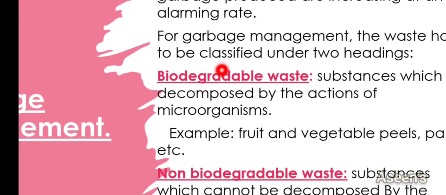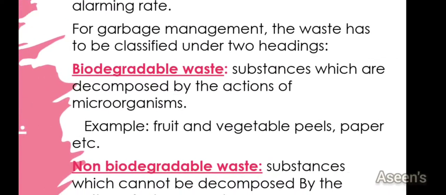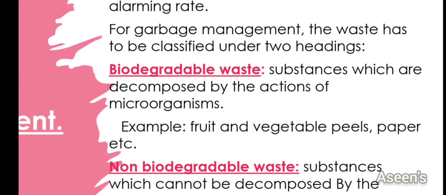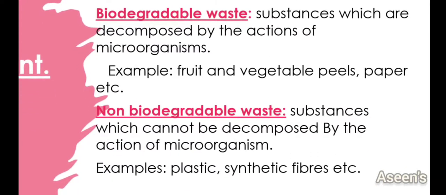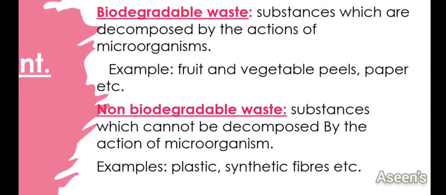By the action of such microorganisms, this waste can be completely decomposed. So such waste comes under biodegradable waste. All the fruit and vegetable waste, papers, etc., come under the category of biodegradable waste.